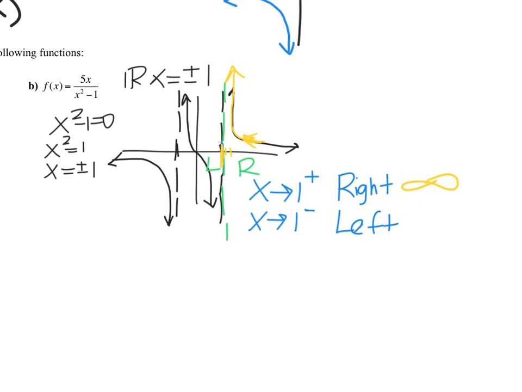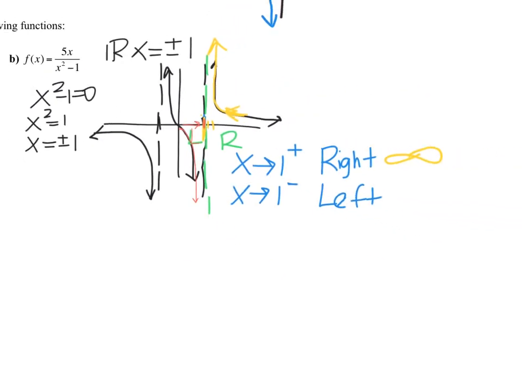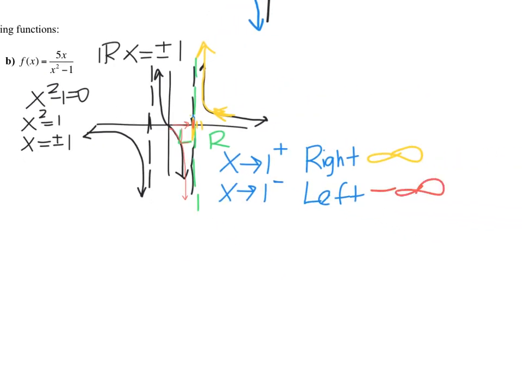And look on the other side. As I'm going towards 1, still 1 right here on the left side, this is the left side of 1, and I'm going this way, what are my y's getting closer and closer to? Negative infinity. Okay. So when that happens, that's when you get vertical asymptotes.